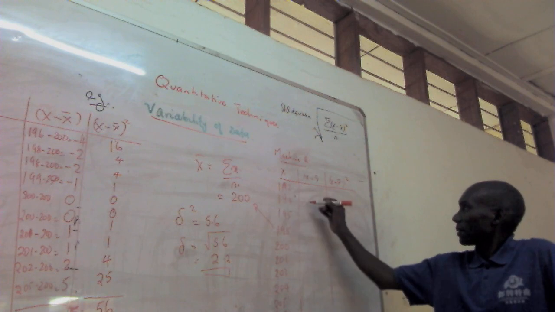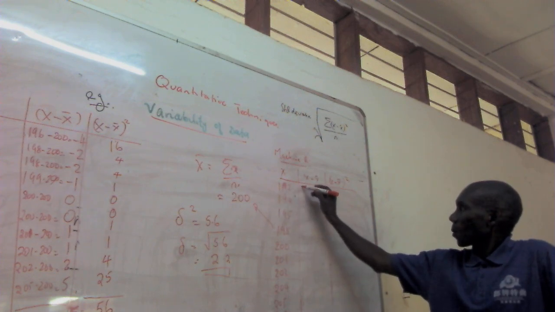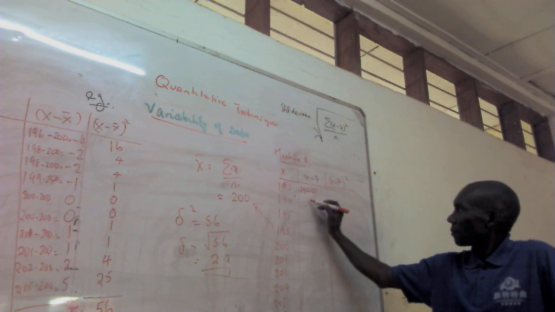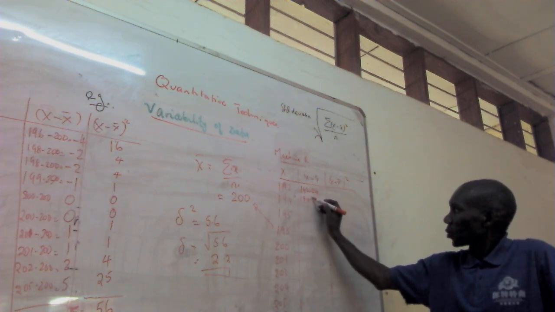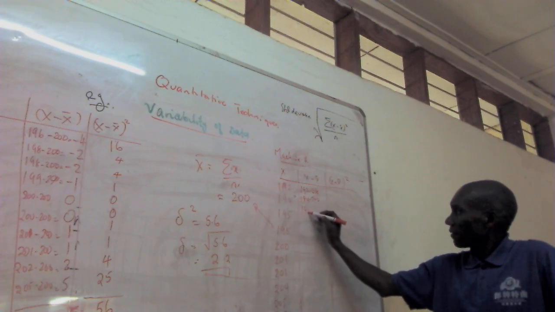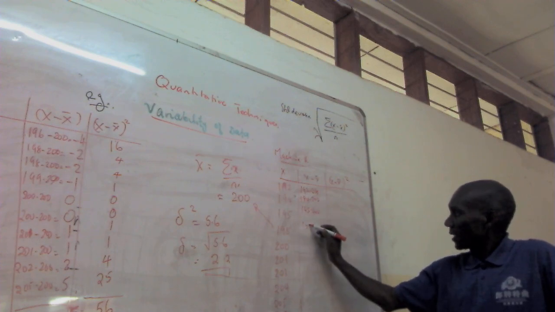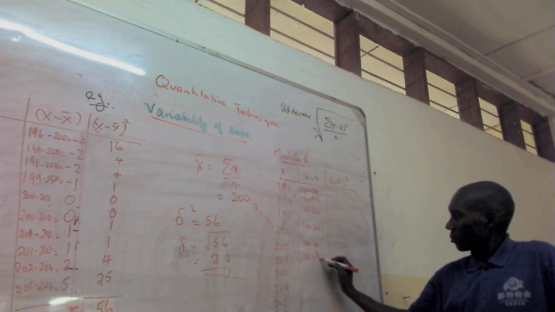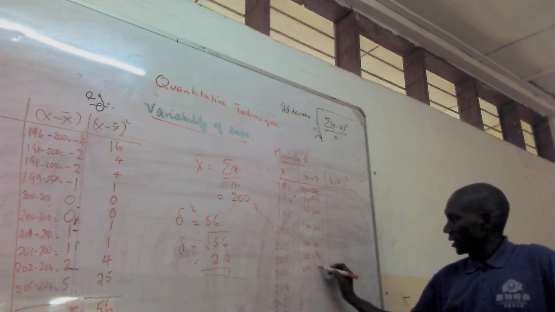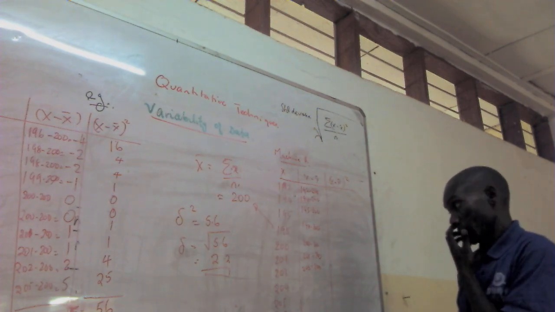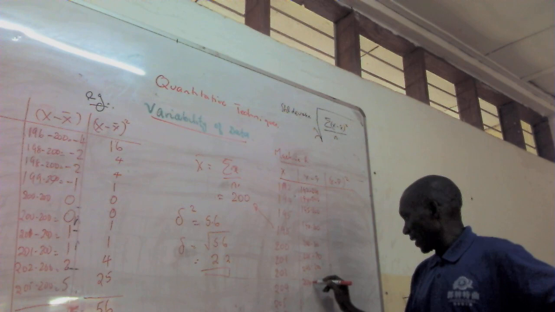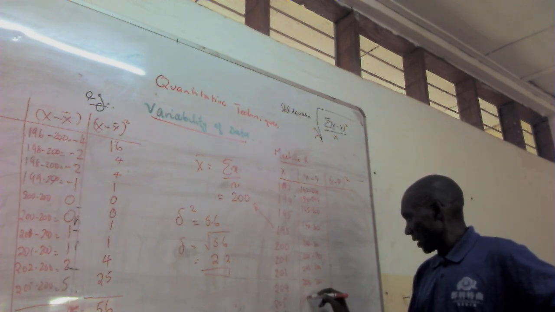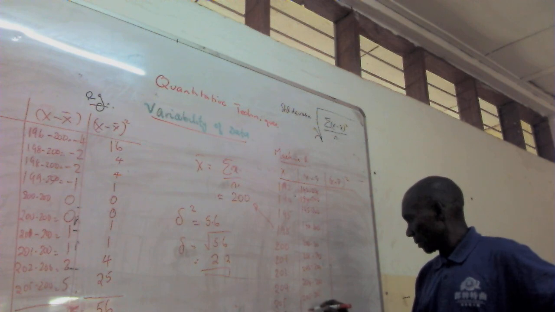So the first one is going to be 192 minus 200, 194 minus 200, 195 minus 200, 198 minus 200, 200 minus 200, 201 minus 200, 203 minus 200, 204 minus 200, 205 minus 200, 207 minus 200.